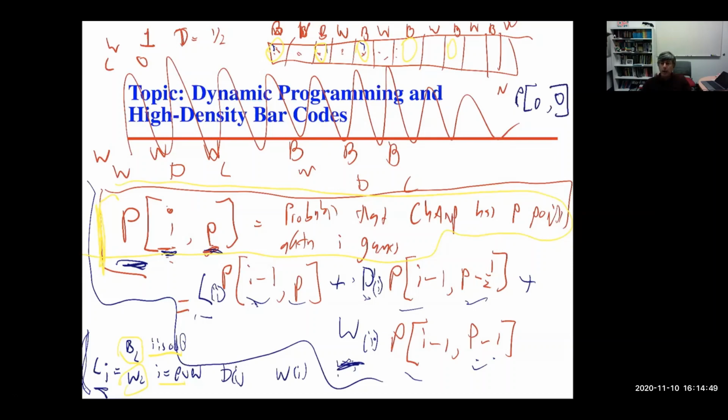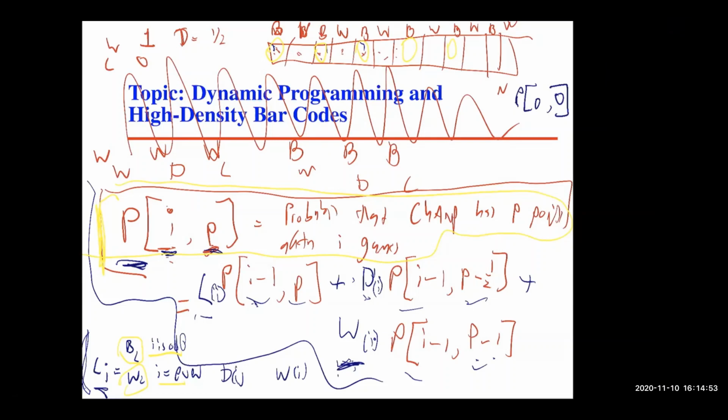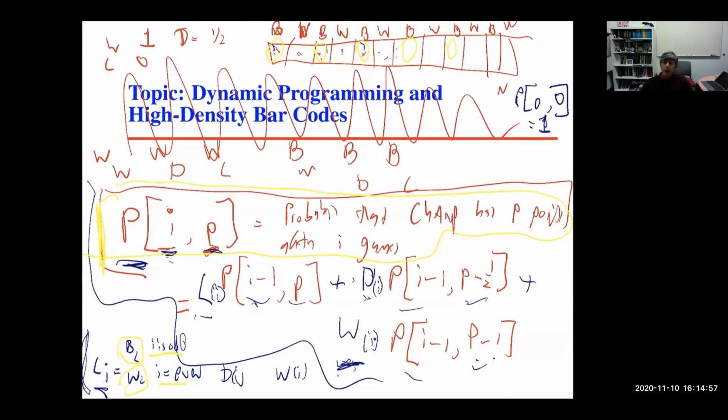Does anyone have an idea for what that should be? 1. If I went in against the world champion, I can guarantee you I'd still have a probability of 1 of having 0 games, of being tied with them up until the moment the match started. That's the base case.